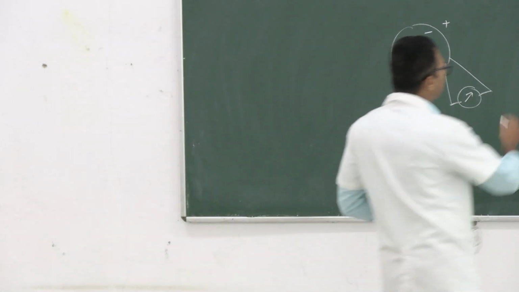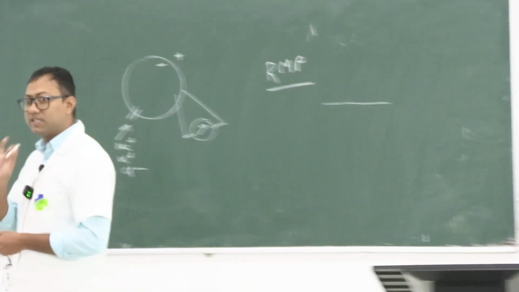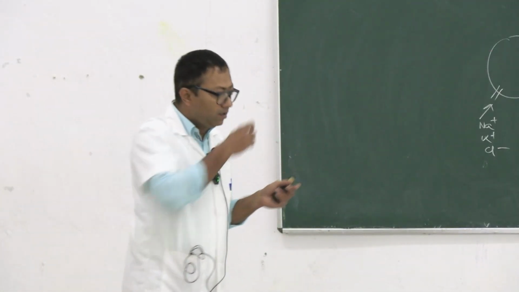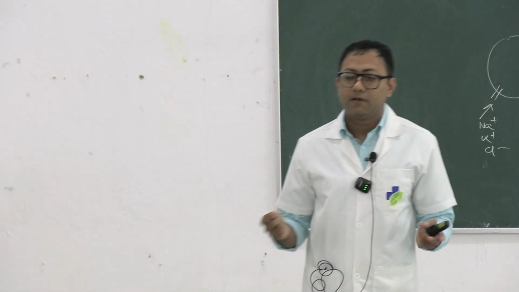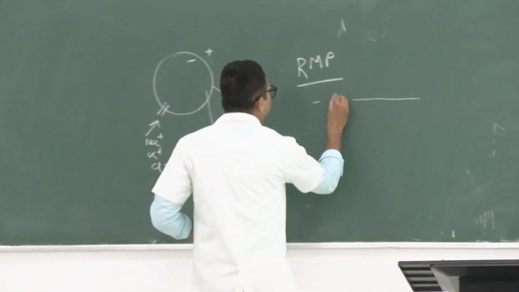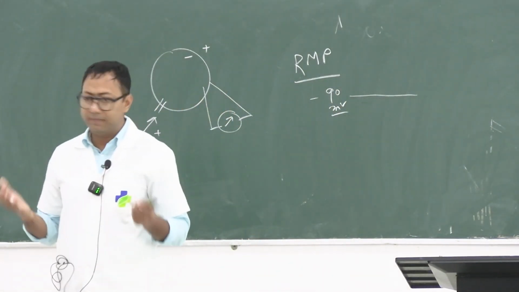Say for example, this line is the baseline resting membrane potential, and the cell is at resting membrane potential. Say this resting membrane potential is minus 90 millivolt. We measure membrane potential in millivolt.